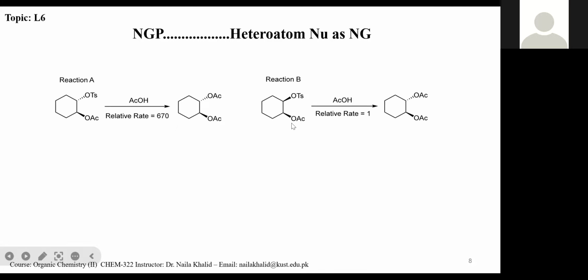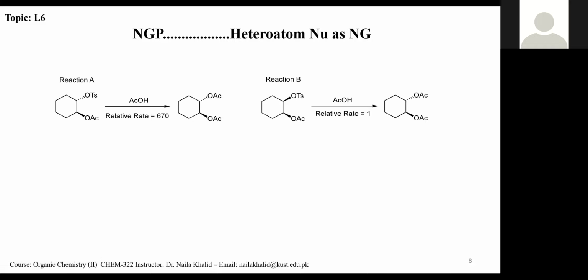So if you draw the cyclohexane in a chair form, you will see the tosylate group is axial at the 1 position and the acetoxy group is not axial, it is equatorial at the 2 position.